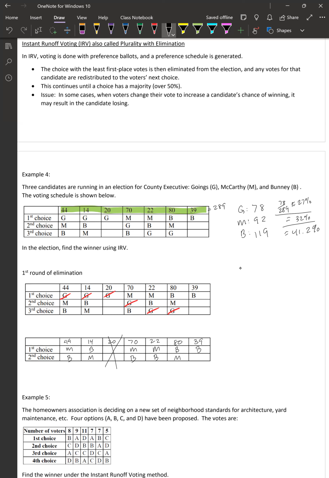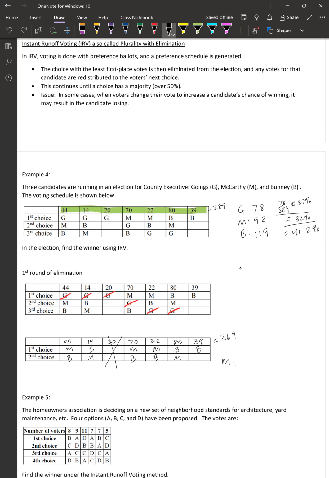Okay. All right. So what do we got here? Let's do the new total first. It's going to be 289 minus that 20. So that's going to be 269, because 8 minus 2 is 6. And now let's look. How many first place votes did McCarthy get? Let's add these up.